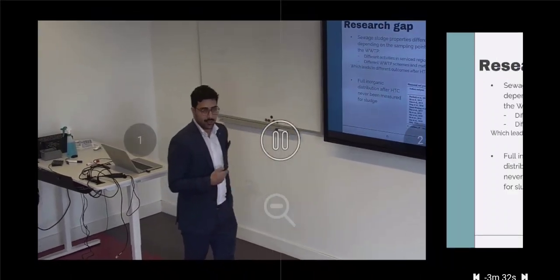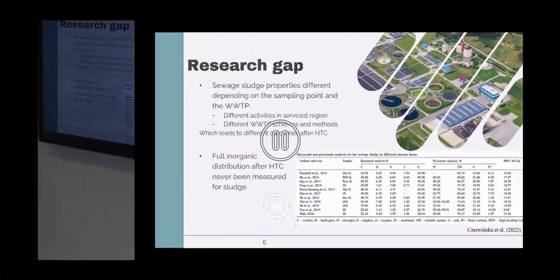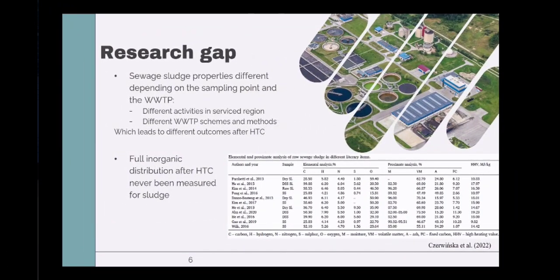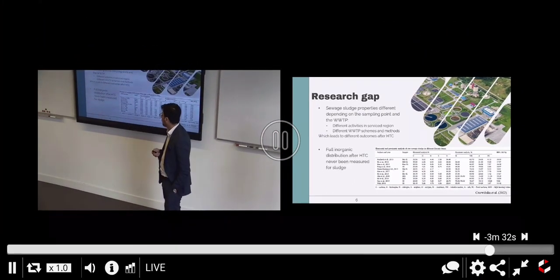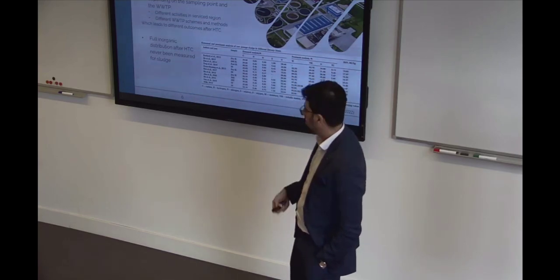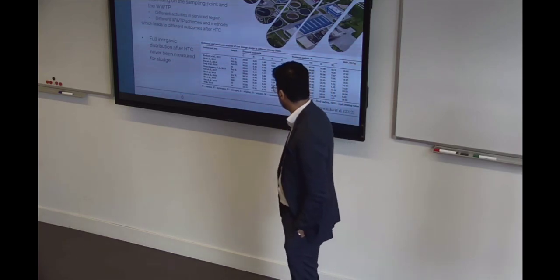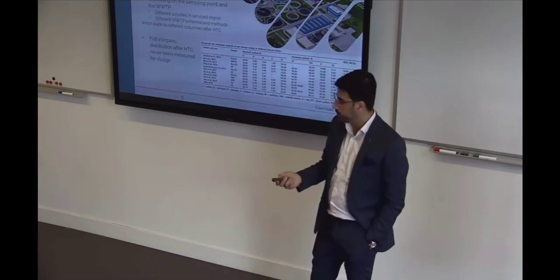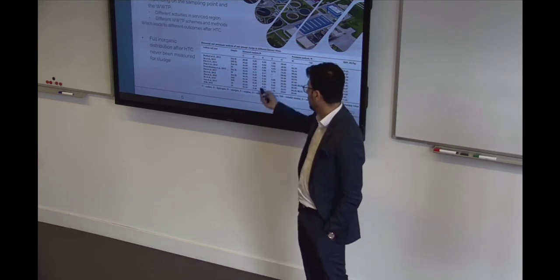So the research gap is that hydrothermal carbonization is widely researched, especially for sewage sludge, because it's more applicable to sewage sludge than to other biomasses. The problem with sewage sludge is that it differs from one place to another, as reviewed in a paper.